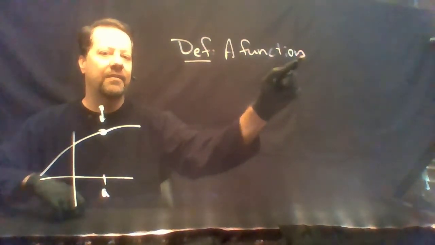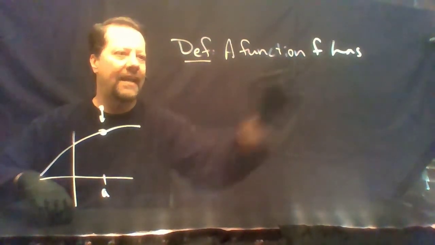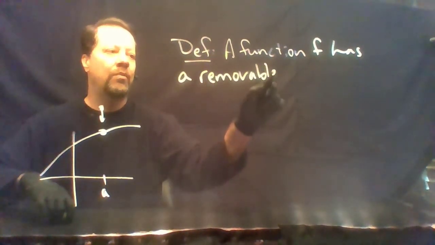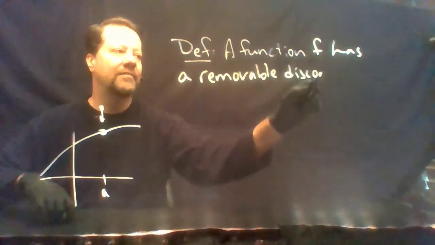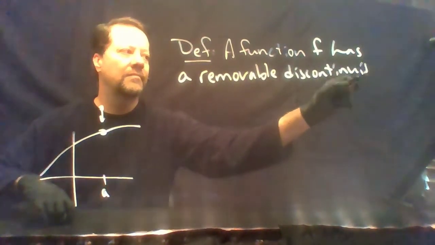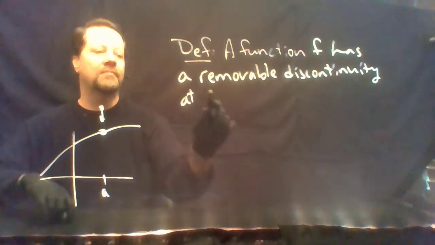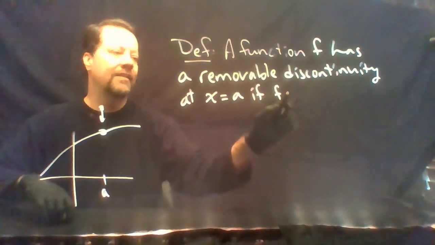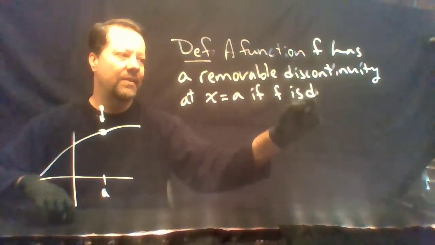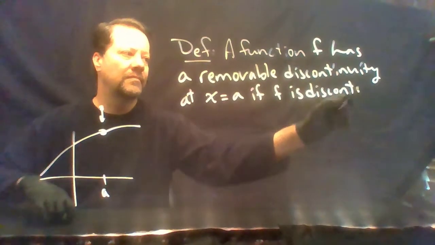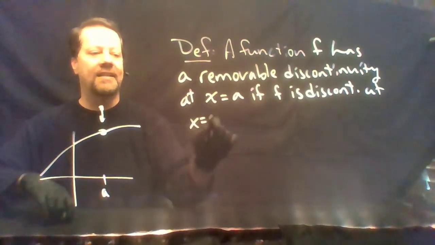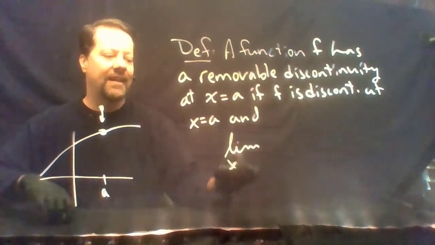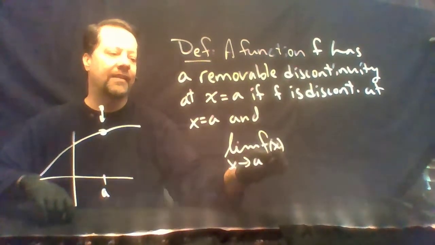A function f has a removable discontinuity at x equals a if, first, f is discontinuous at x equals a and the limit as x goes to a of f of x exists.